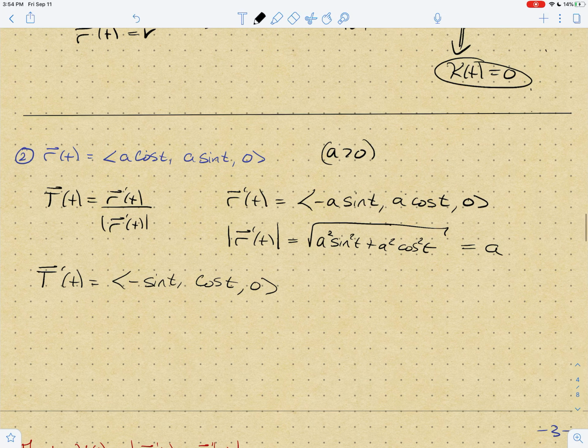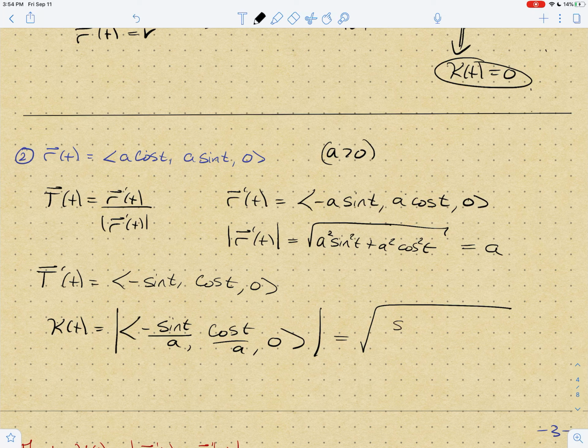So I'm going to write this as curvature kappa of t at any point t is, well, it's going to be the length of minus sine t over a, cosine t over a, 0. The length of that is going to be the square root of what? Sine squared t over a squared plus cosine squared t over a squared. This is just 1 over a.